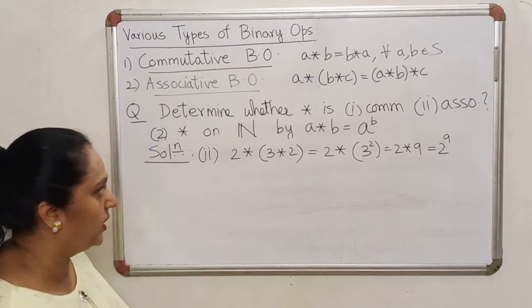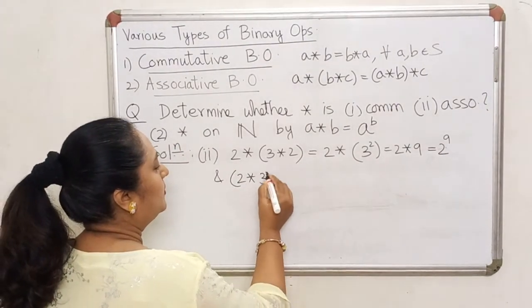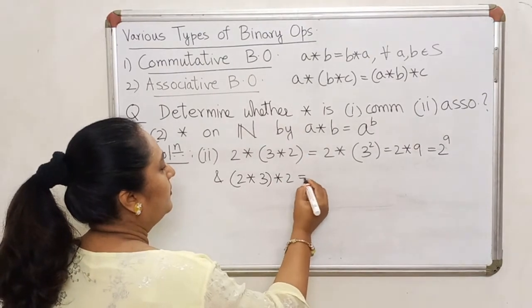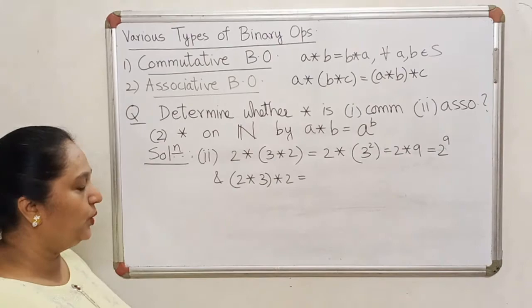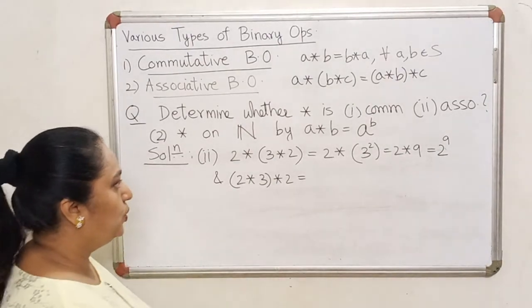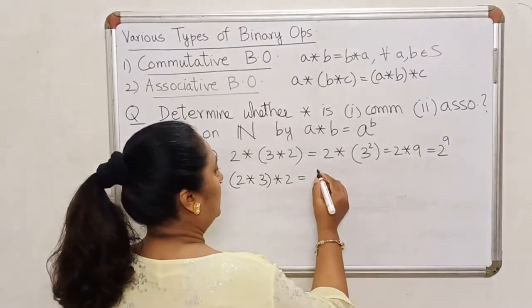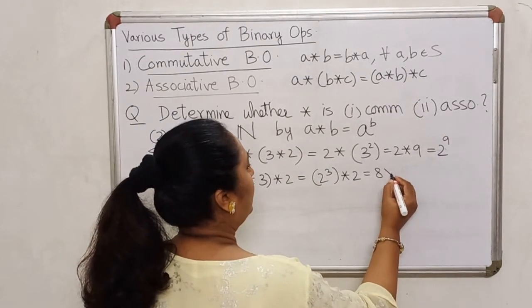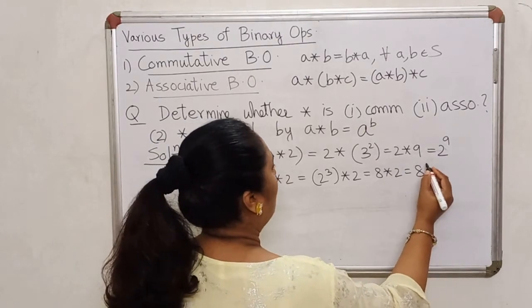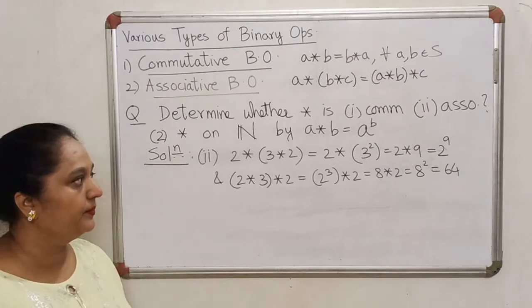You can work out what it is. And if we calculate the other grouping, I need to first calculate 2 star 3. 2 star 3 is 2 raised to 3, which is 8. Then 8 star 2 is 8 squared, which is 64.